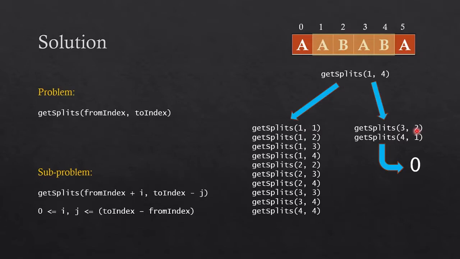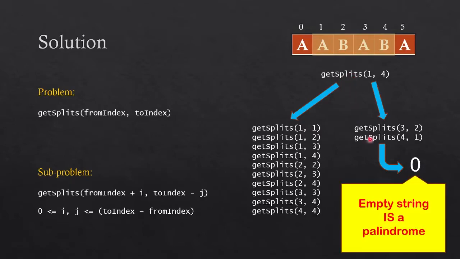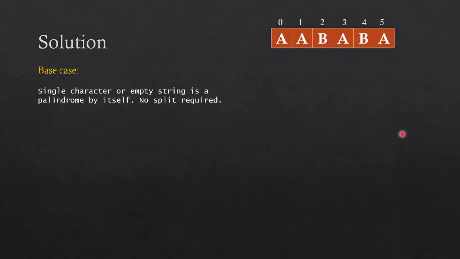And if you have an empty string, it does not have anything. And if it does not have anything, how many splits are you going to need to make it a palindrome? It is 0, right? Because an empty string is a palindrome itself. So if it is a palindrome by itself, the number of splits required is going to be 0. So therefore, return 0 for these cases.